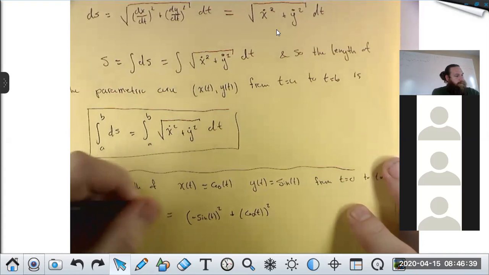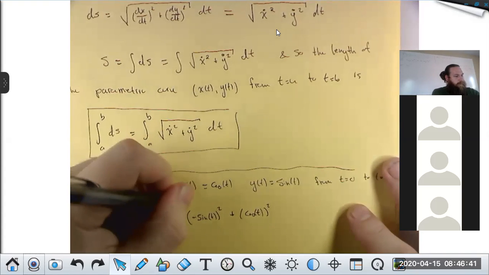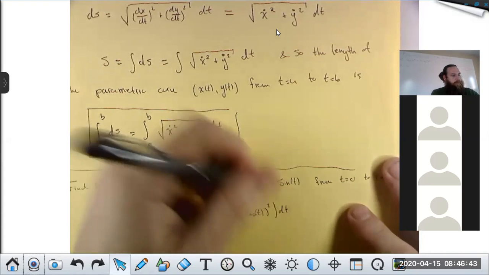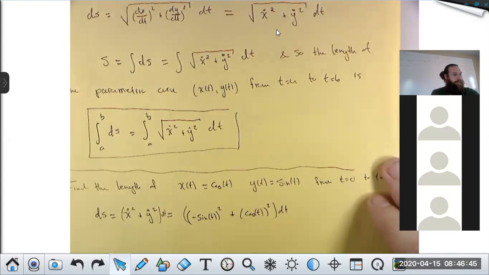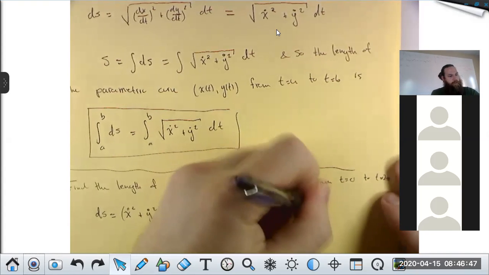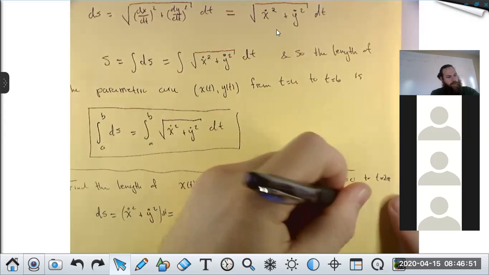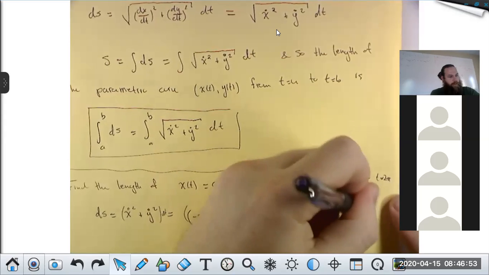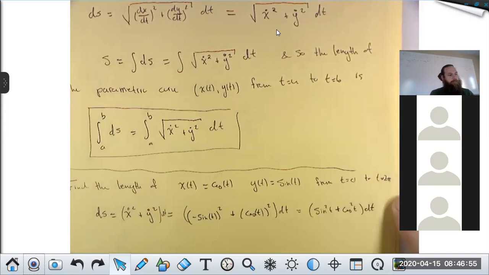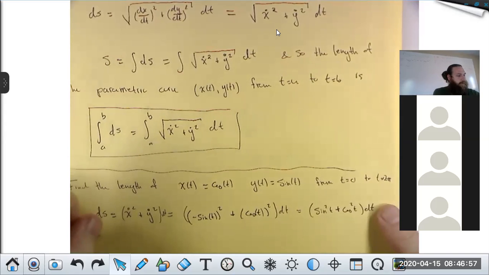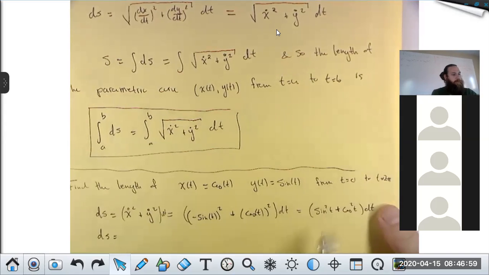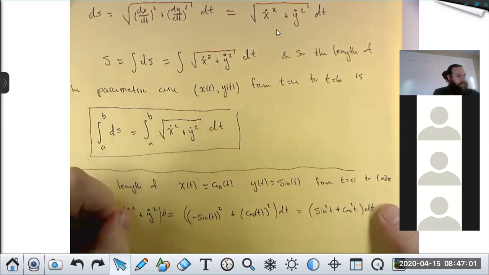And there should be a dt here, sorry. So that's sine squared t plus cos squared t dt. So in other words, ds, sine squared t plus cos squared t is 1, is just dt.